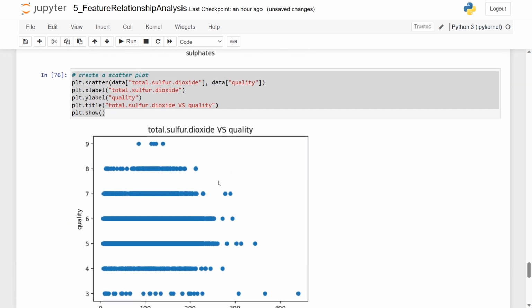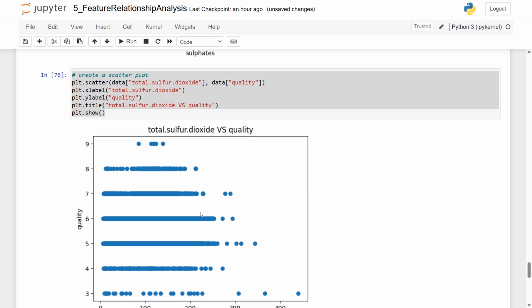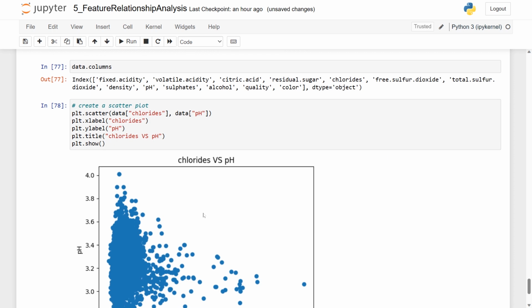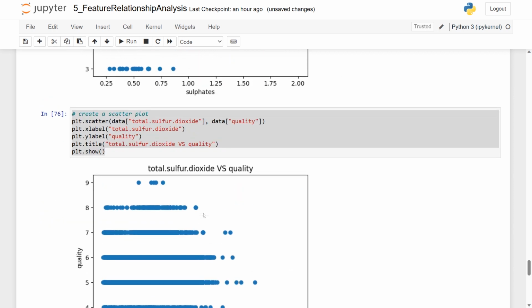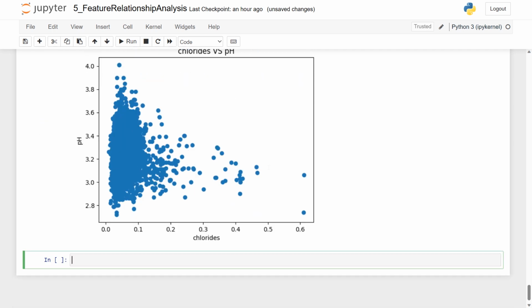If you keep exploring the relation between any two variables, you may find some magnificent and mesmerizing relations too. I would request you to explore the relationship between other variables too. We have done it for 5 to 6 variables, and I would request you to explore other variables.